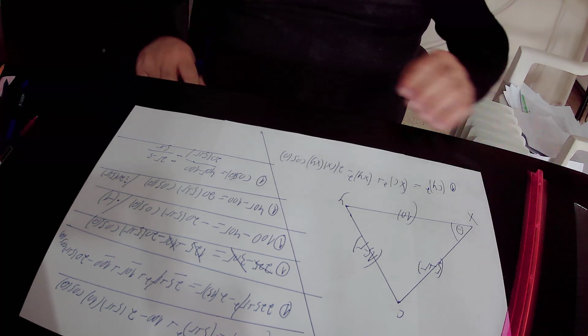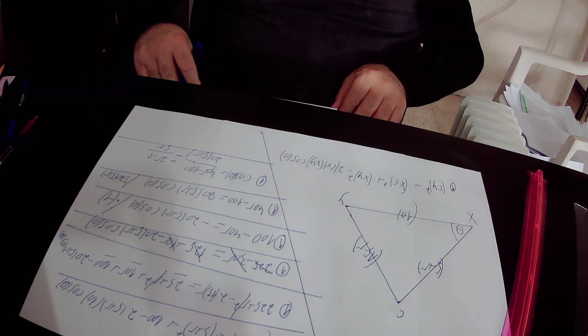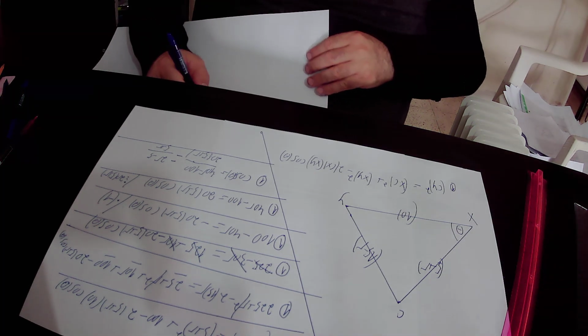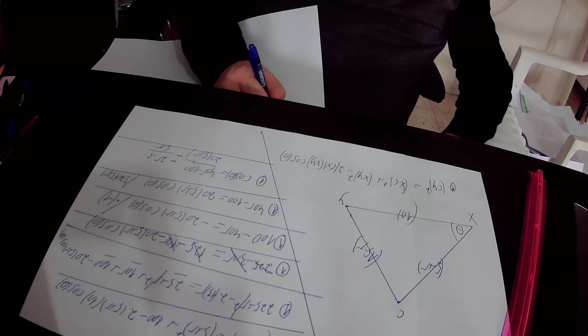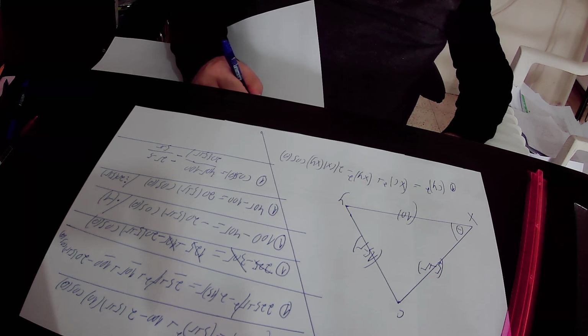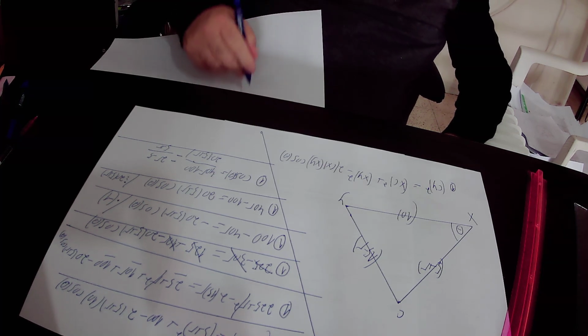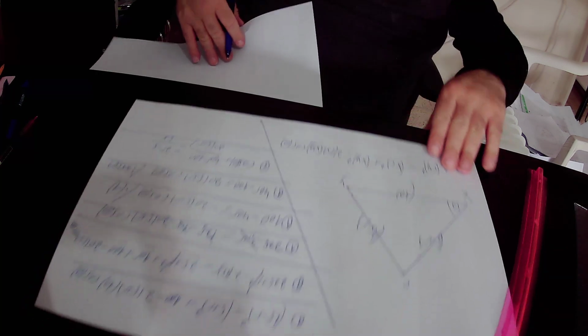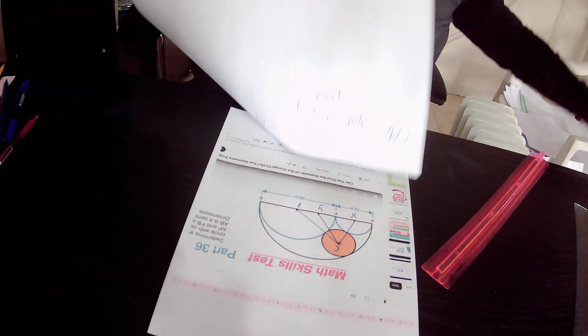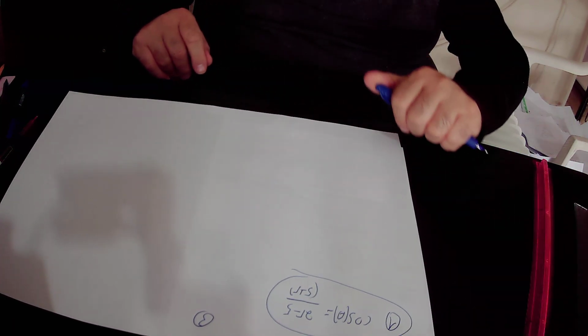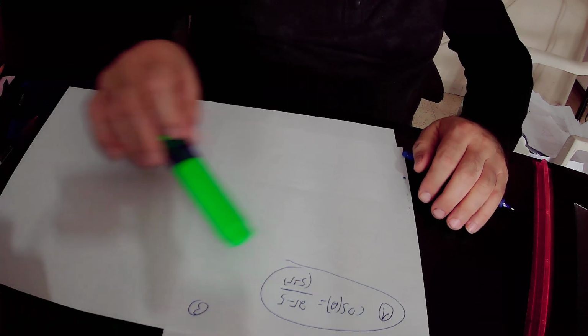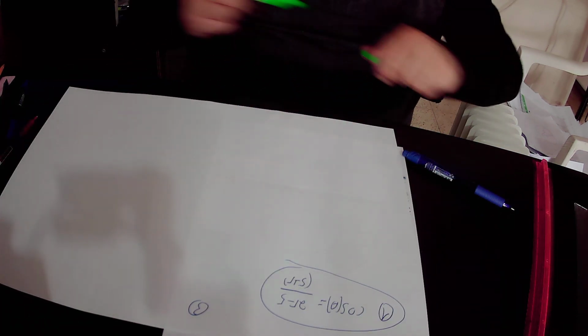So in conclusion, we found out that cosine theta, according to equation number 1, is equal to 2r minus 5 over 5 plus r. I'll repeat again. According to equation number 1, we found out that cosine theta equals 2r minus 5 over 5 plus r.